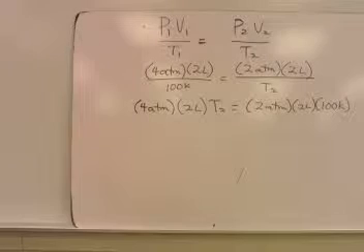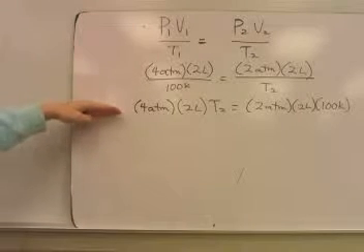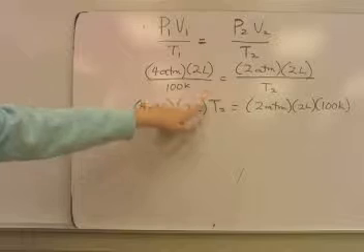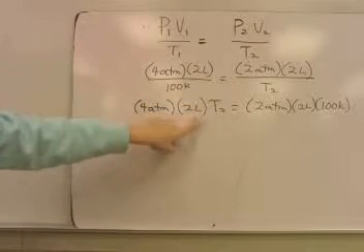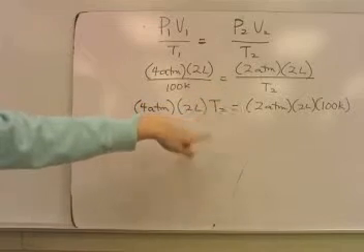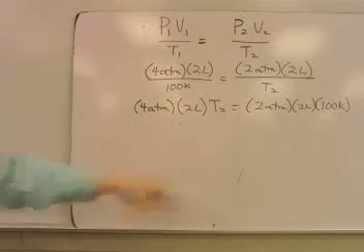Okay, so this is the way you do all of your problems, just like we have been doing. You substitute, you cross multiply, now we have to isolate our variable. We have to get T2 all by itself. We need to get these other numbers over to the other side, so then we can simplify. Do not start doing your math until all the numbers are on one side.